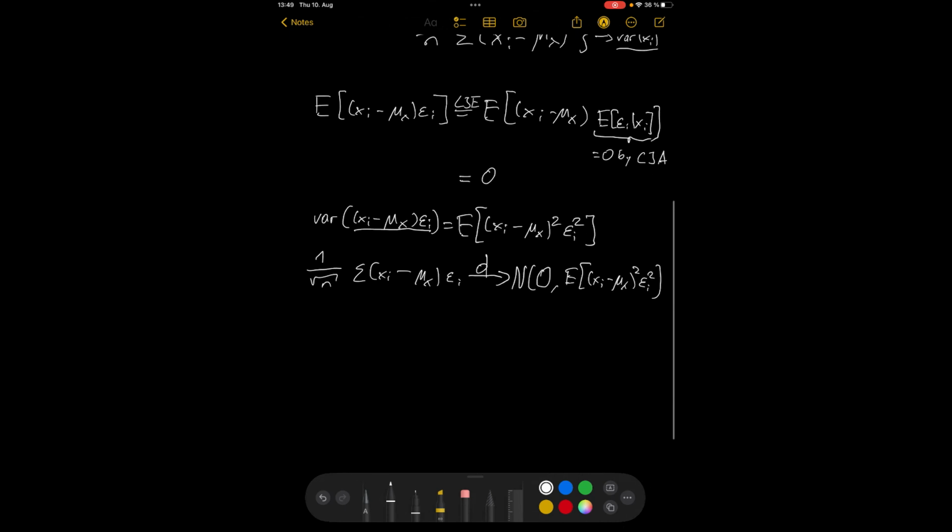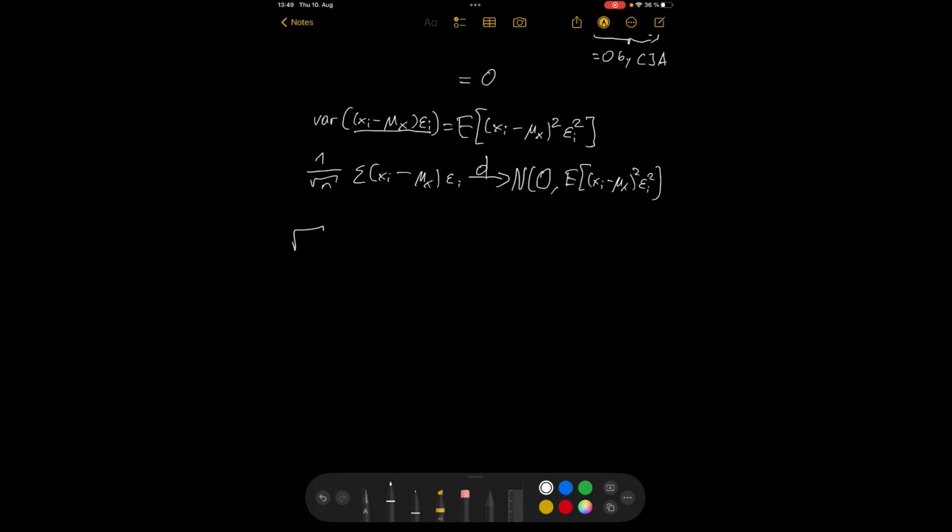So what we now have is that the distribution of beta hat minus beta, with a little abuse of notation, is a normal distribution with mean 0 and variance expectation of (xi minus mu x) squared epsilon i squared, close the brackets, divided by the variance of xi.